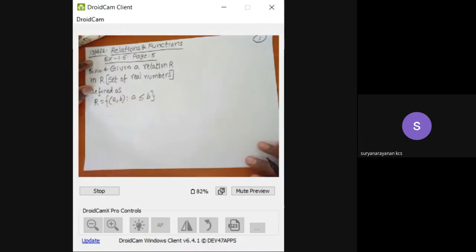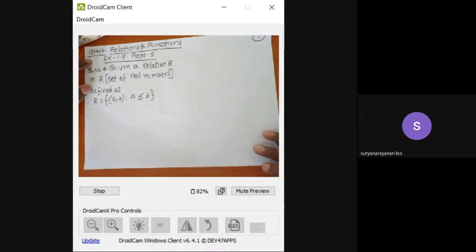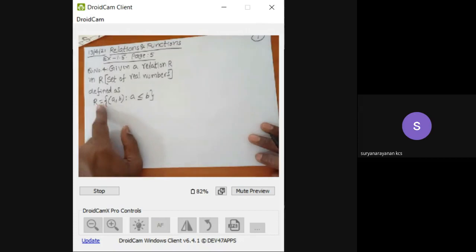R is equal to, all of you listen carefully, my dear children, how to read this sentence. R is equal to set of all ordered pairs A comma B, such that. These two dots are read as such that.